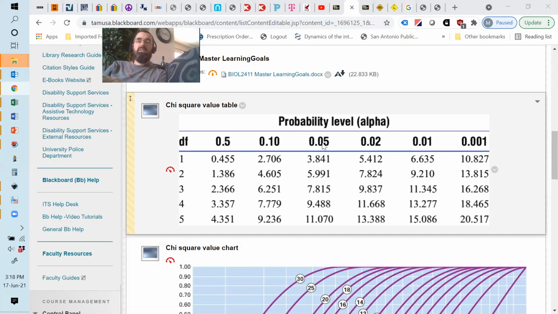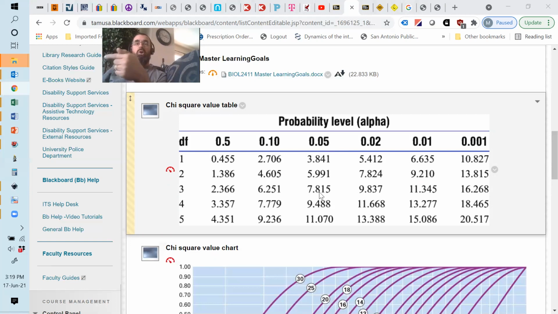And as our significance level is 0.05, is that p-value significant or not significant? Question to you. It is significant if it's 0.05, or does it have to be less than 0.05? 0.05 or less is significant. Okay.